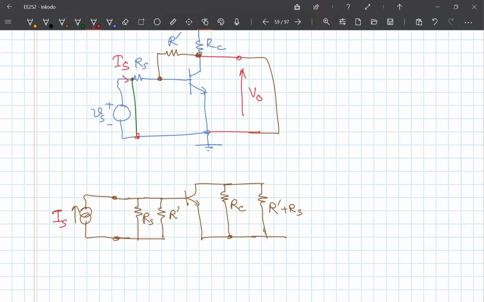In my note, I have just R dash. That is why I was looking at it, but I think this is correct. So you have the output. It's a voltage, so this is the output voltage, and this is my input current. Right. So therefore, what is the beta? VF over V out. Let me double check I have drawn this right.